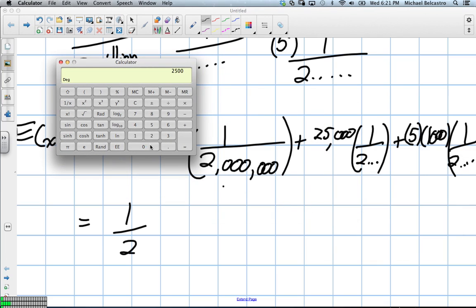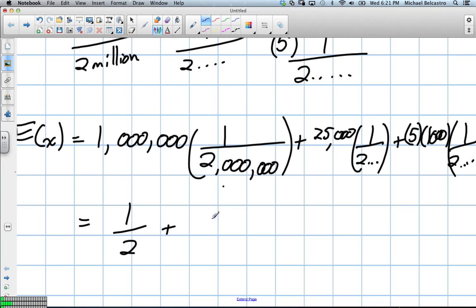Divide by 2 million: 0.0125, which is 1 over 80, as we figured out earlier. And the last one is 5,000 over 2 million, which is 1 over 400, right? So we just did these as fractions.